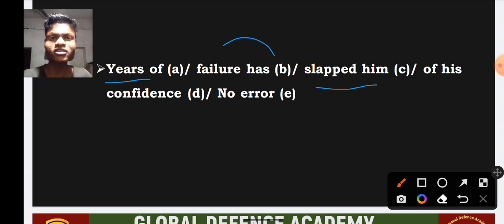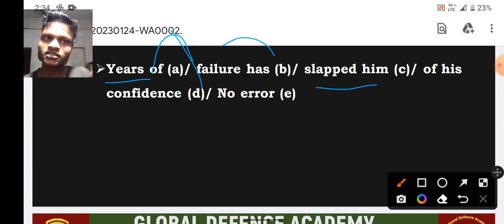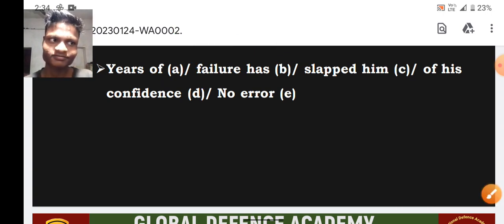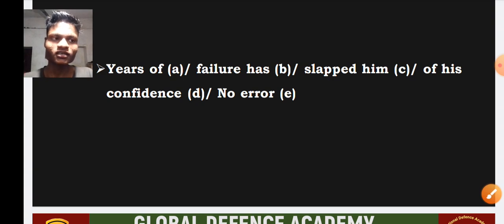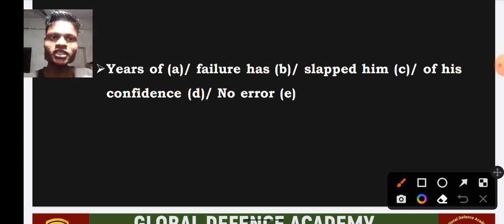Complement and object are more or less similar, but not exactly. In an upcoming video, you will be able to know what complement and object exactly mean. But here, of is a preposition, so failure is not your subject.